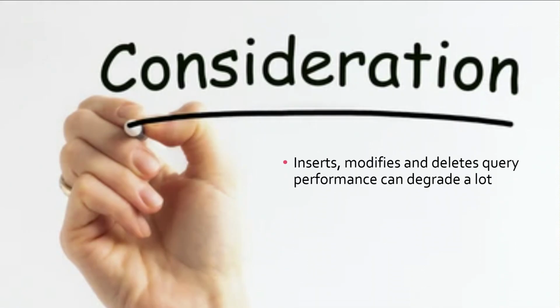But one of the main considerations here is that insert, modify, and delete can degrade a lot, meaning every insert, every delete, every modify that we do in our base table, we also need to reflect in our indexed view. So even if we have very good performance when getting the data, we will have poor performance when inserting or modifying data.